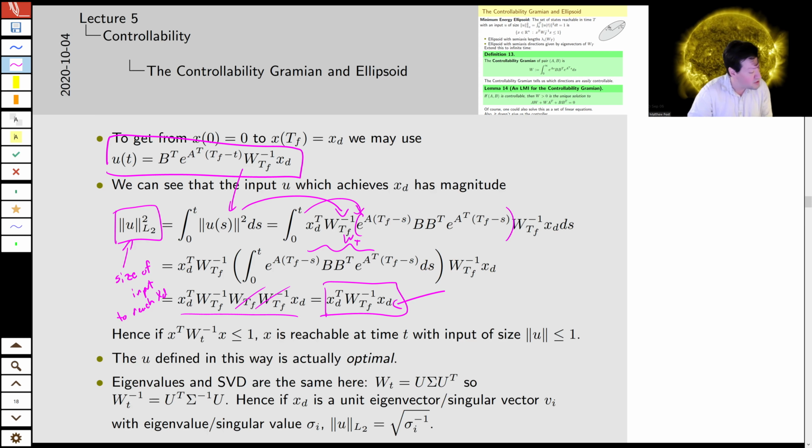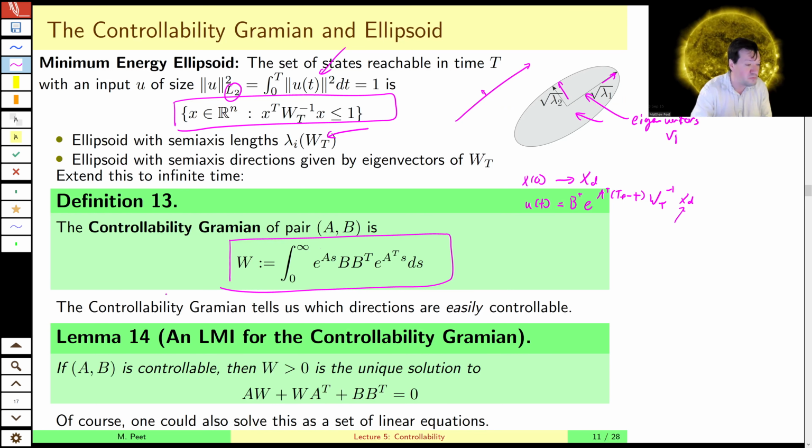So that tells us if we're inside this ellipsoid, we can reach any of these states, wherever they happen to be, anything inside that ellipsoid with a unit energy. And of course, you can expand the ellipsoid if you have more than 1 unit energy. You just double the size of it, and so forth.